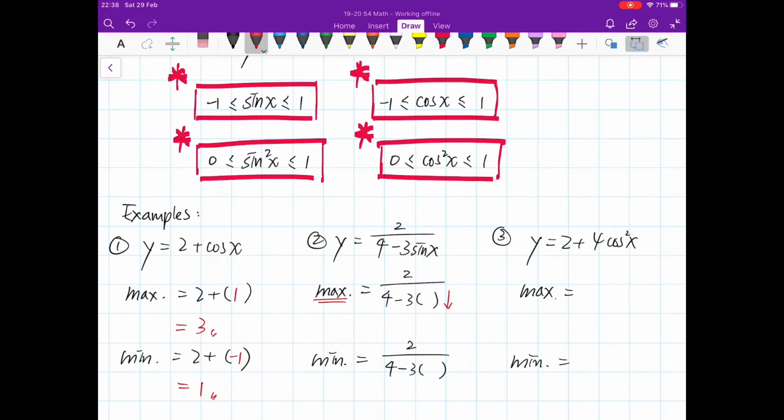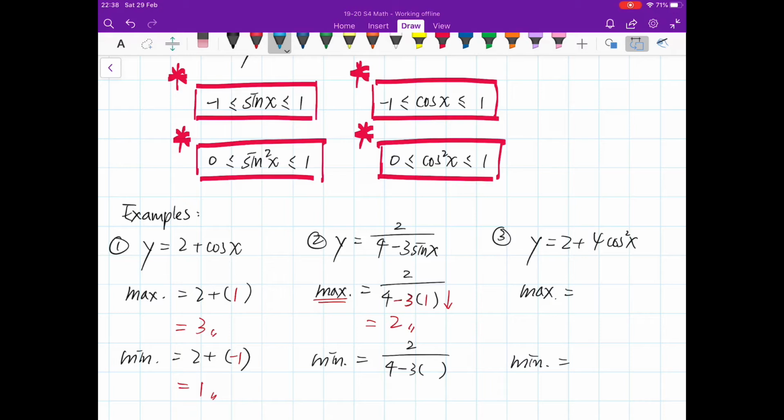Okay? So as you can see, there is a -3 here. So in order to make the denominator smaller, okay, for the range for sin x, we have to input 1. Okay? And therefore, we get the result of 2.